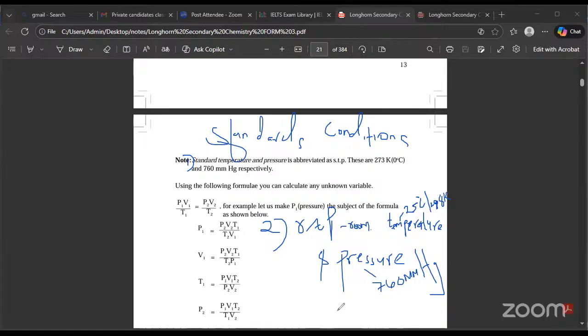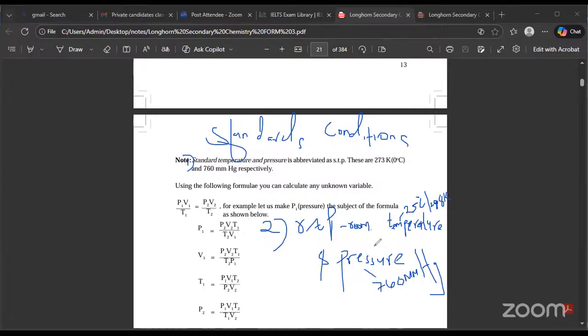So the standard conditions are here. RTP is 25 degrees, you can convert, which is also 298 Kelvin. And the room pressure is 760. Room temperature, 25 degrees. Room pressure, 760. Standard temperature is 0 degrees Celsius, which is the same as 273 Kelvin. And then the standard pressure is the same as room pressure.